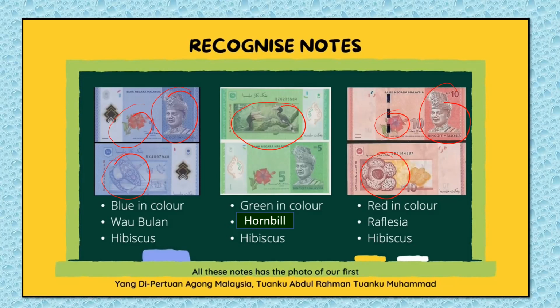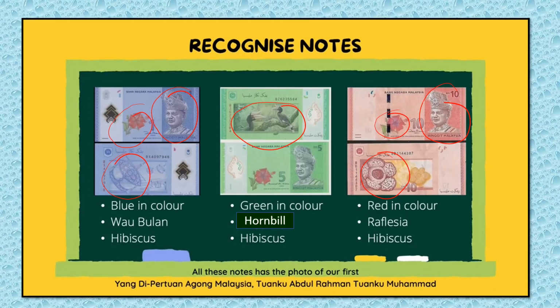Our first king in Malaysia is Tuanku Abdul Rahman. Not only Ringgit Malaysia 1, 5 and 10, but for Ringgit Malaysia 100 and Ringgit Malaysia 20, every note has the picture of our first Yang di-Pertuan Agong.